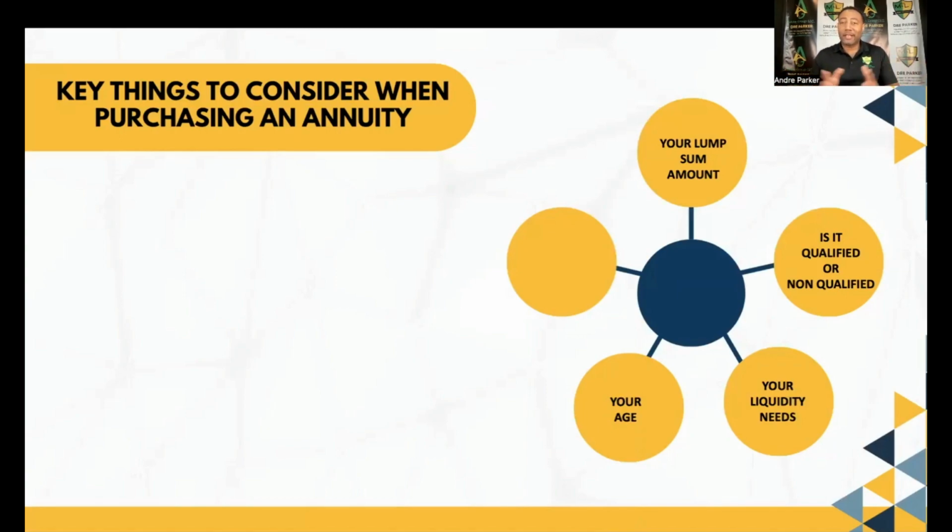No, but hey, there are some situations where you might want to get an annuity. I personally don't think so, but as we hit the last consideration, you may think it's a good fit for you. So your age is very important. Your time horizon: it's a long-term play. There's nothing short-term about an annuity. If you have a 7-year annuity, that means you're in that contract for 7 years.